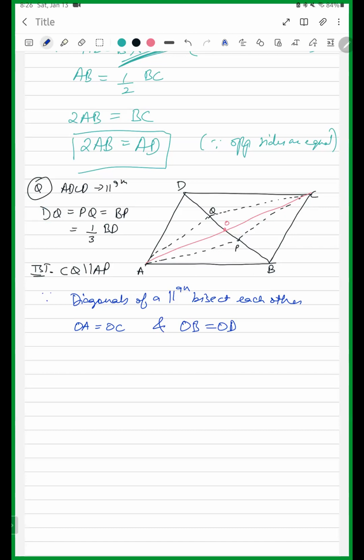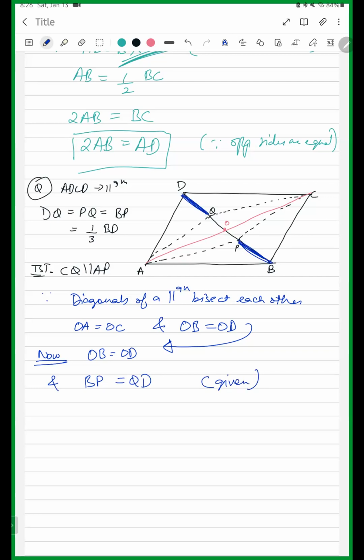Now, look at OB. OB is equal to OD. Yes, we have just written that. And also BP is equal to QD. This is given. BP is this much and QD is this much.